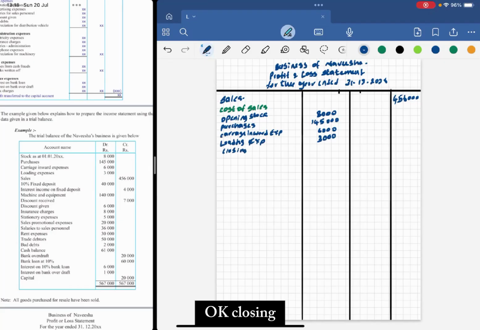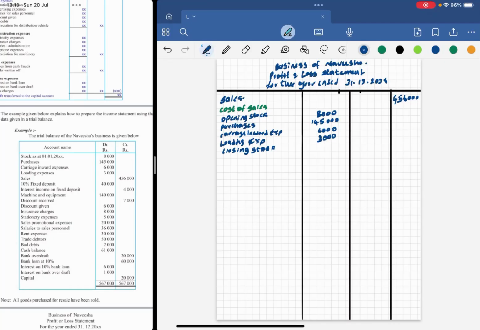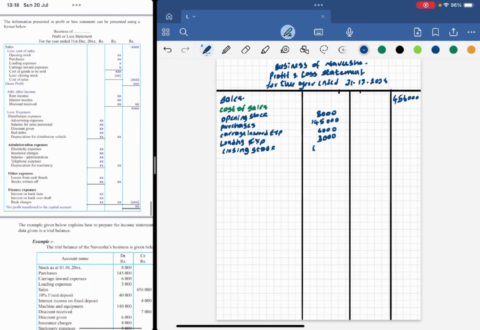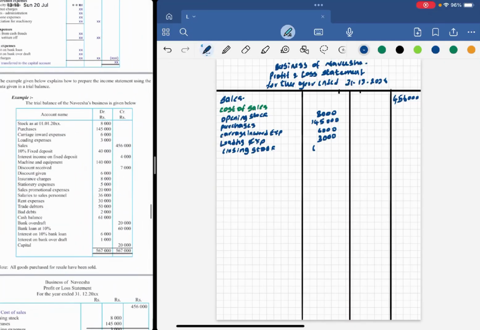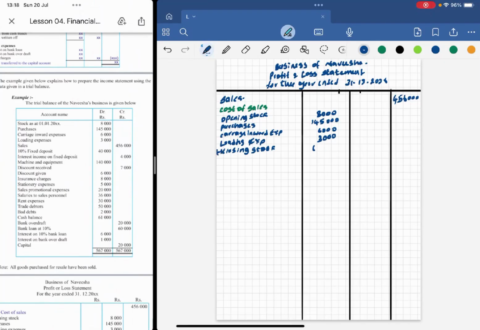Closing stock, we will have to deduct it.